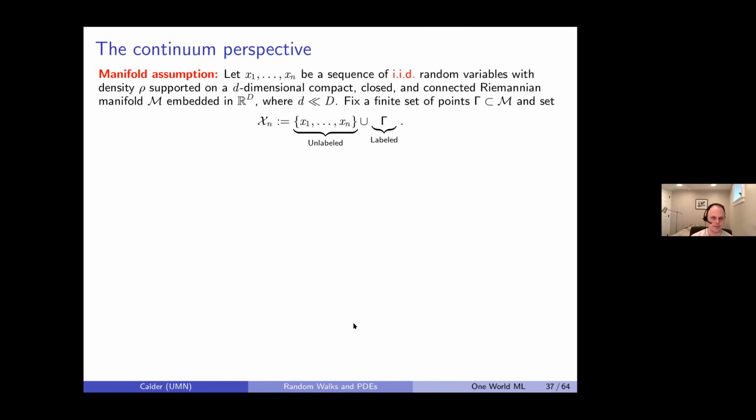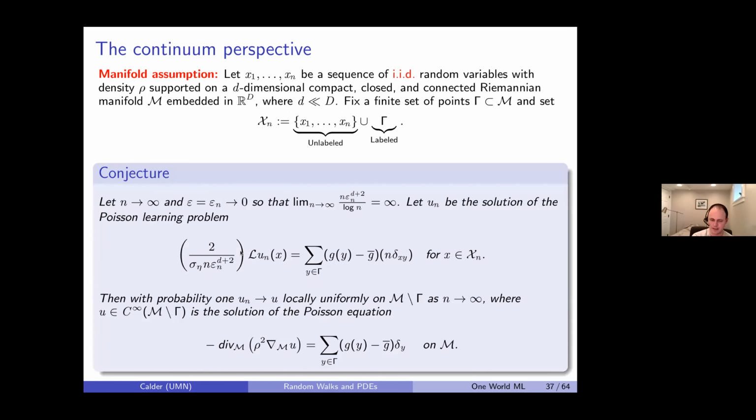Let me say there's a continuum perspective. I don't want to say too much about this so I can get to the results, but we do want to be able to show that this Poisson learning is stable and well posed at arbitrarily low label rates.